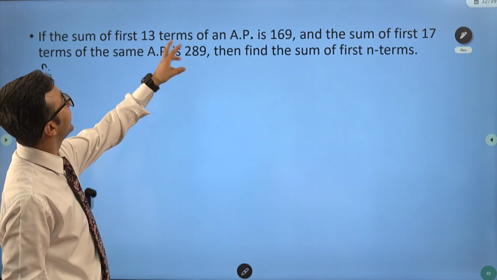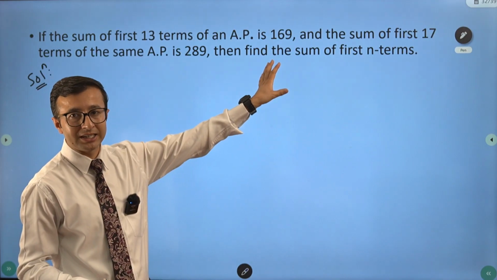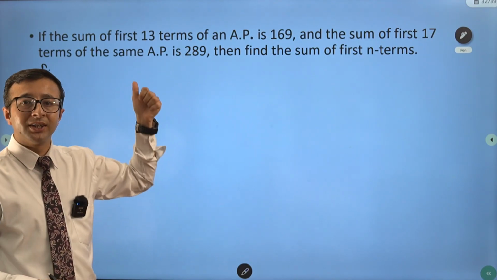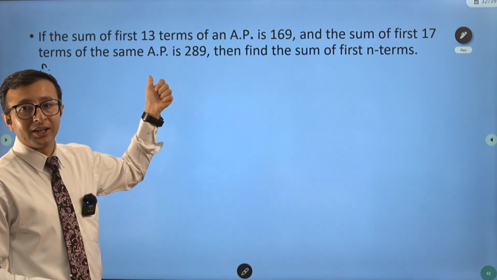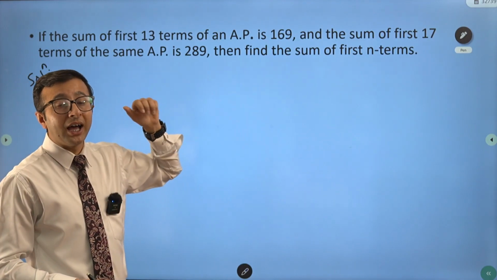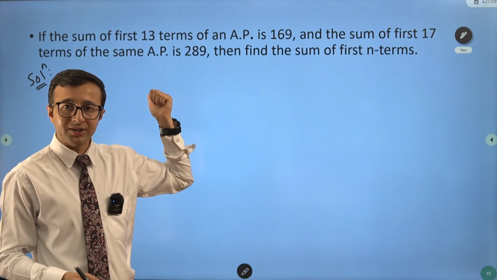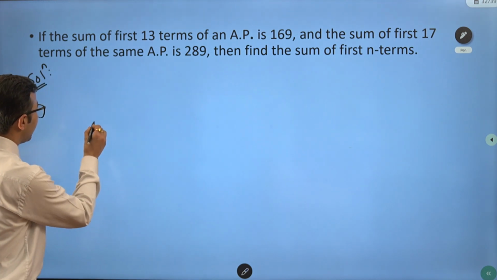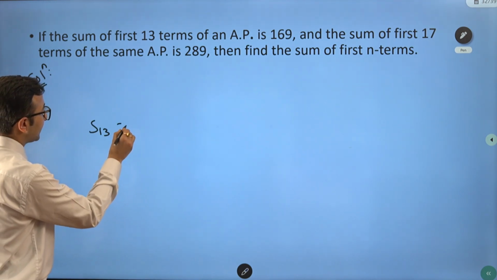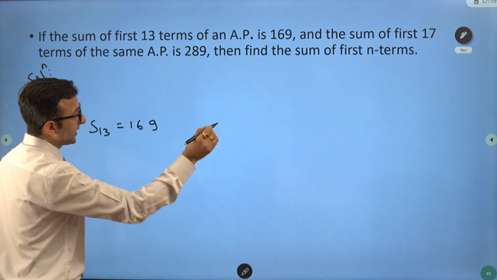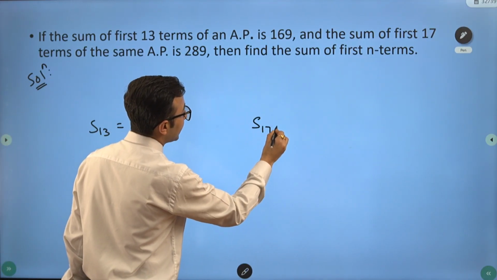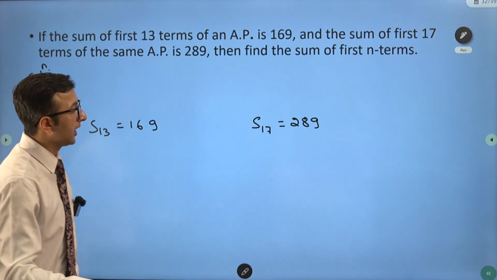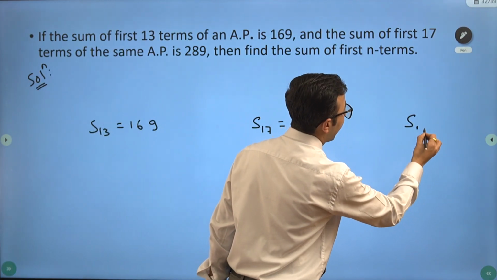The sum of the first 13 terms of an AP is 169. It is not the 13th term, A13. The question has given us S13 is 169. And the second given is S17 is 289. If we have these two, what is the value of Sn?